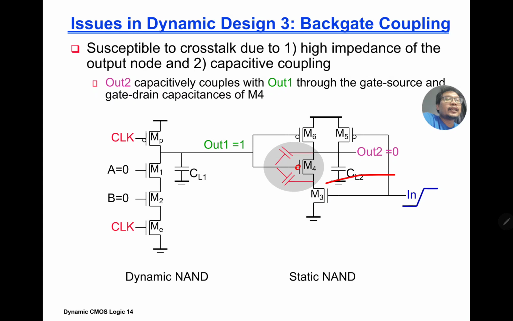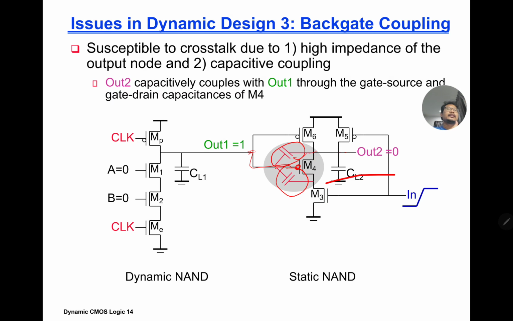Crosstalk is noise that is generated between two parallel wires. We are talking about the capacitance of M4 between out1 to the gate and the source, which is here, and then out2 between the gate and the drain.